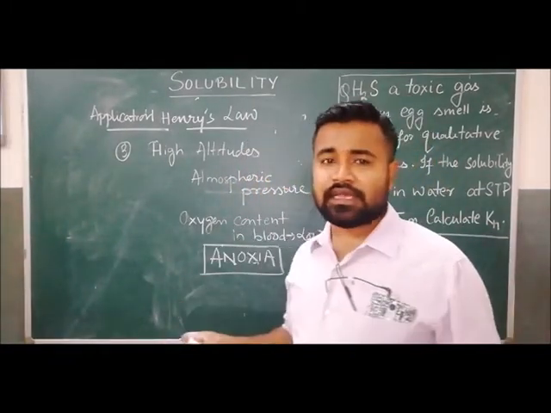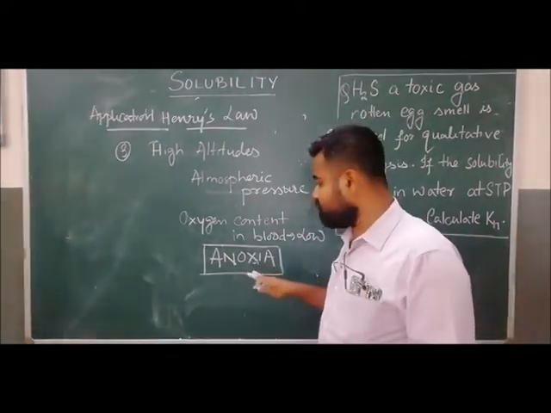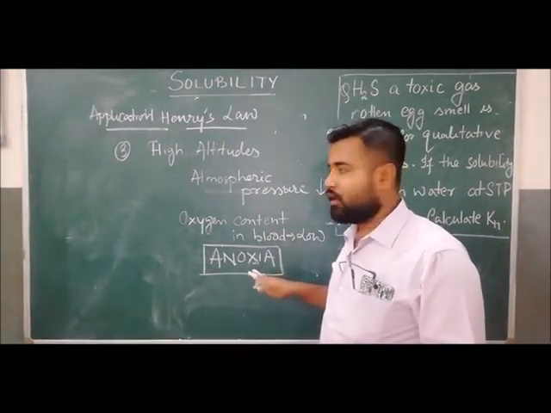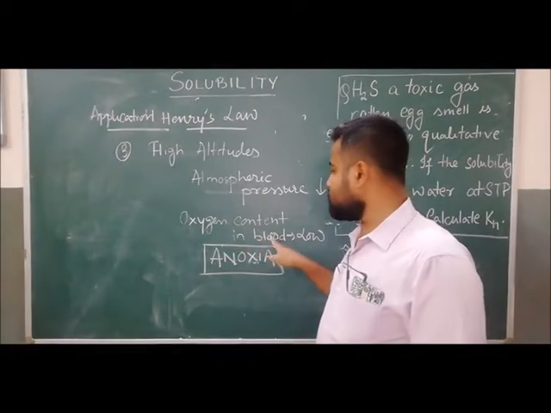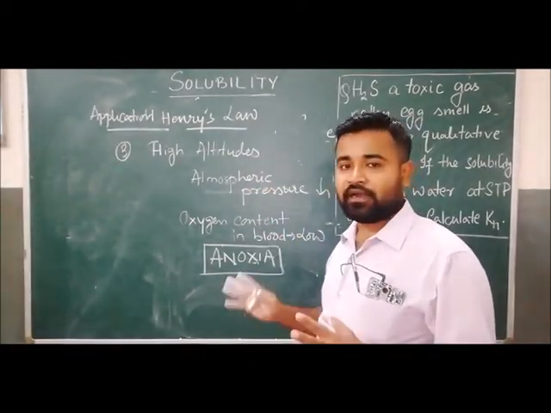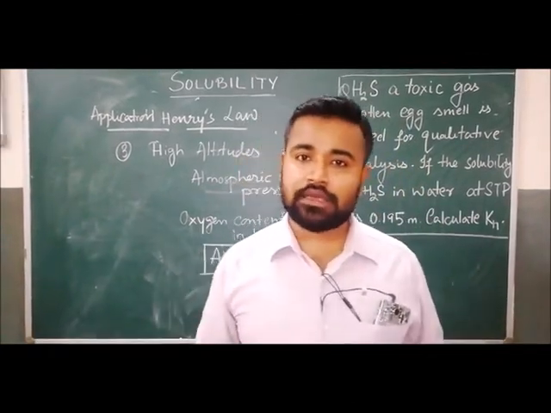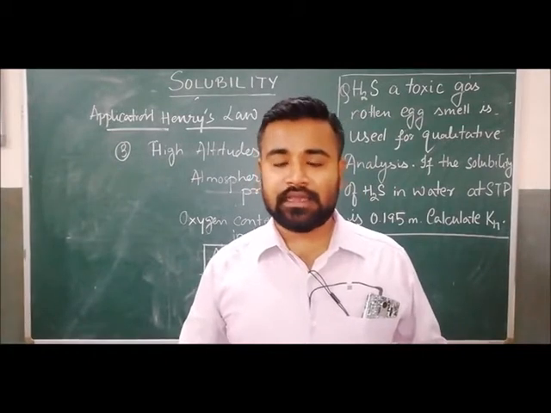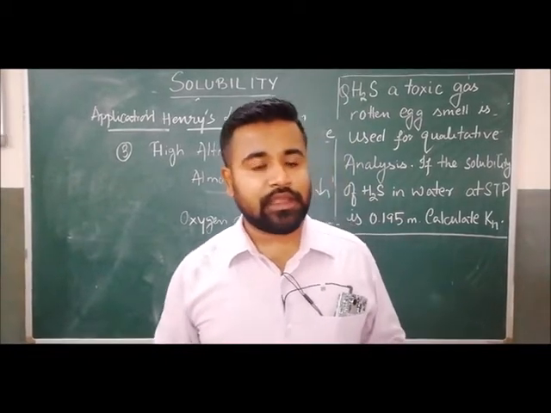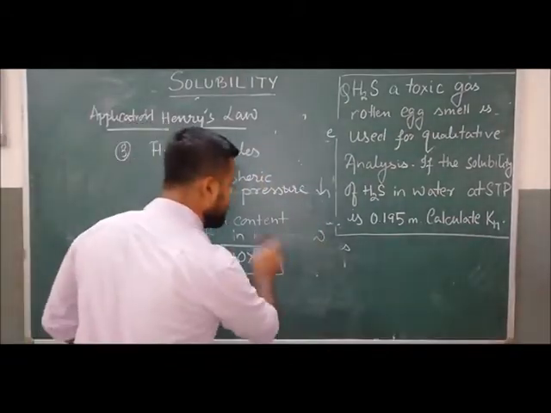Clear? And this is also called high altitude sickness. So mainly the term we are using, anoxia, is due to the lack of oxygen in the blood due to low atmospheric pressure. Clear? So these are some of the applications of Henry's law, how Henry's law is applicable in our day-to-day life. So this is all about the solubility and Henry's law.